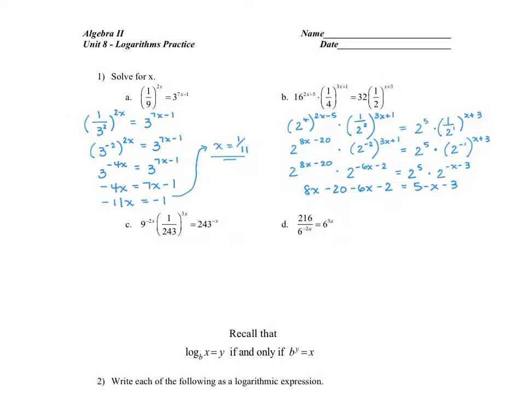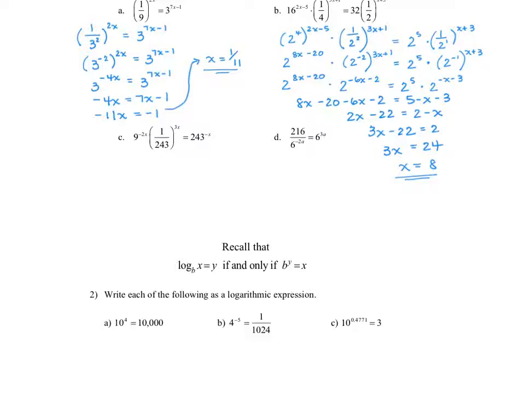And when I combine like terms, I'll get 2x minus 22 equals 2 minus x. Now when I add x to both sides, I'll get 3x minus 22 equals 2. And when I add 22 to both sides, I'll get 3x equals 24. And when I divide both sides by 3, I'll get x equals 8.